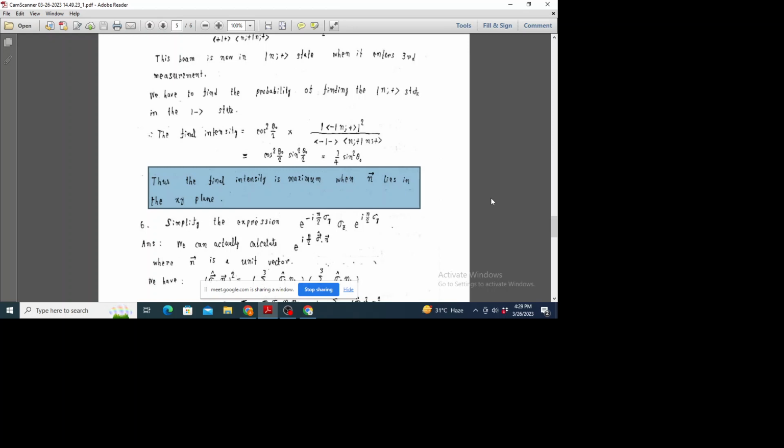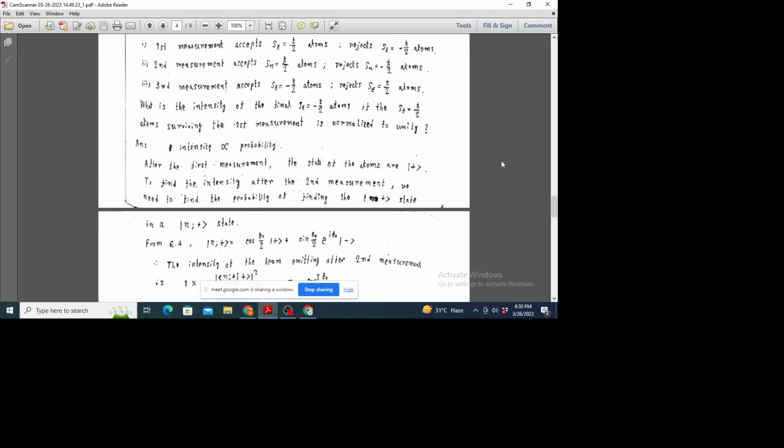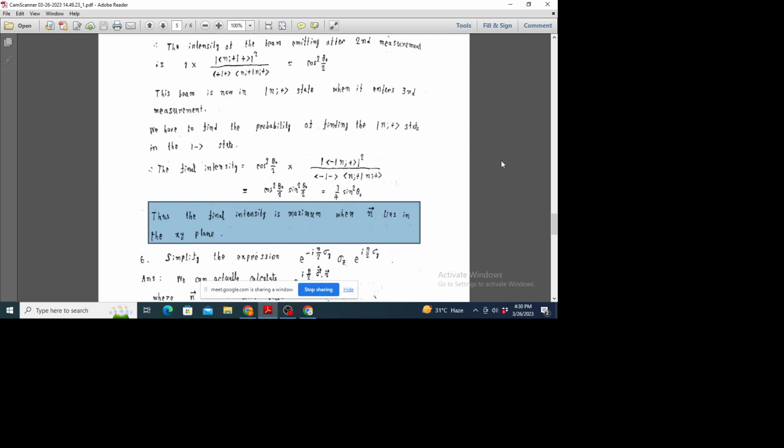The final intensity is only 0 when theta naught is 0, and that is expected because then you are always in the Sz eigenstates, and you have already rejected the Sz equal to minus h cut by 2 atoms. So the answer for this final intensity is almost always non-zero.